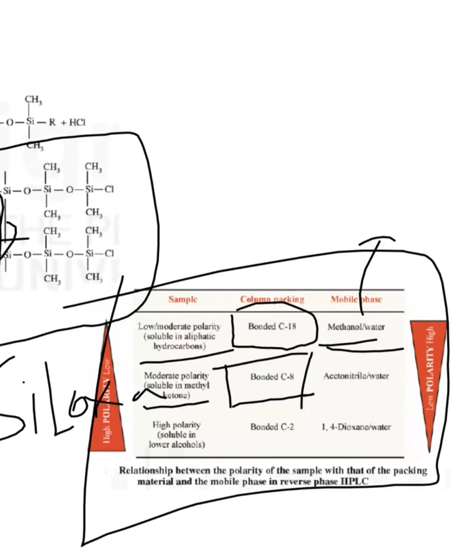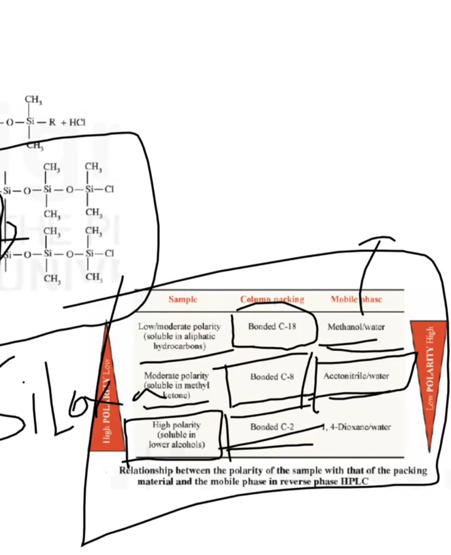The mobile phase will be acetonitrile versus water; two solvents are used in the mobile phase. Further, for high polarity samples which are soluble in lower alcohols, the column packing will be bonded C2, and 1,4-dioxane or water is used for the high polarity.